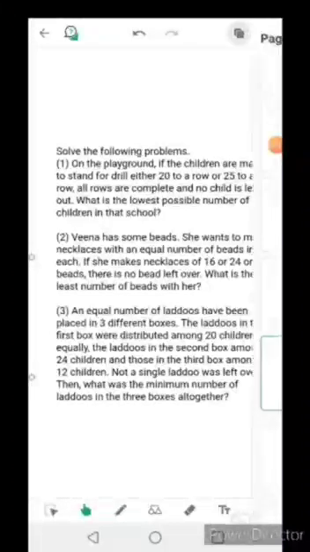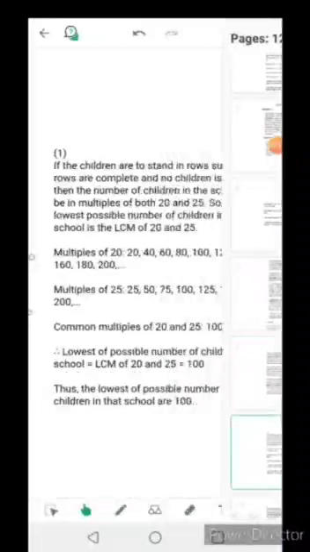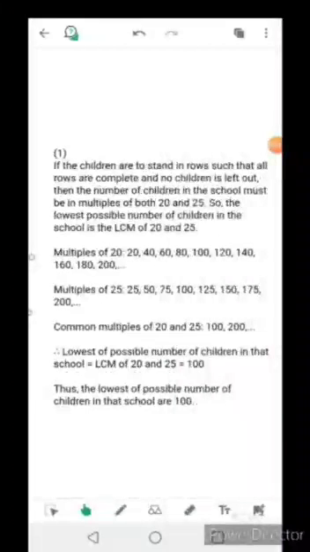Okay, so let's find out here. First of all, we will have to find the multiples of 20, because the rows are of 20 and 25. So the multiples of 20 are 20, 40, 60, 80, 100, 120, 140 and so on.